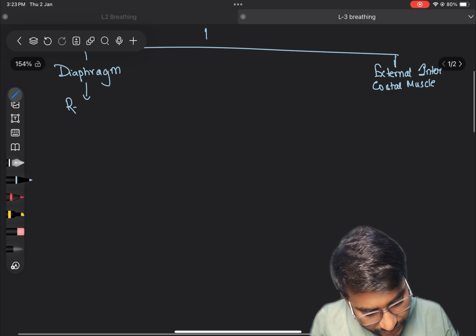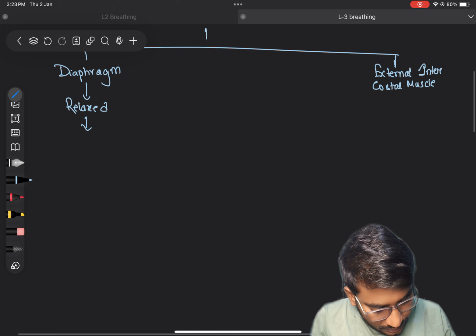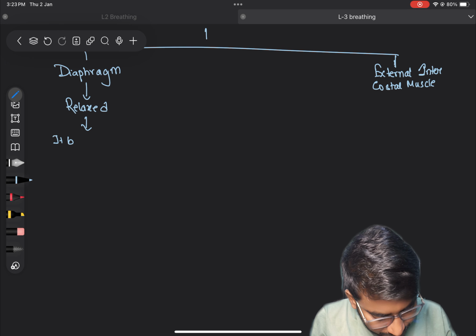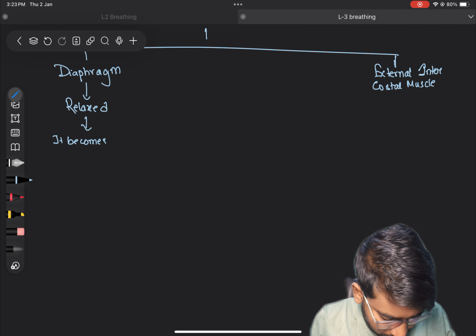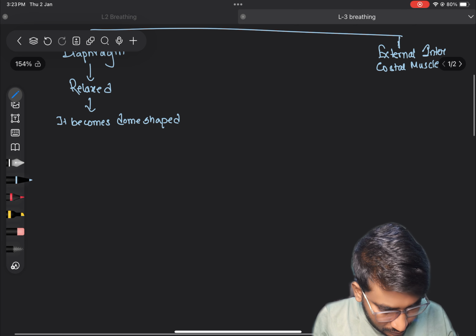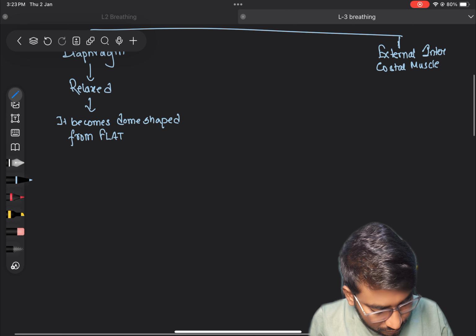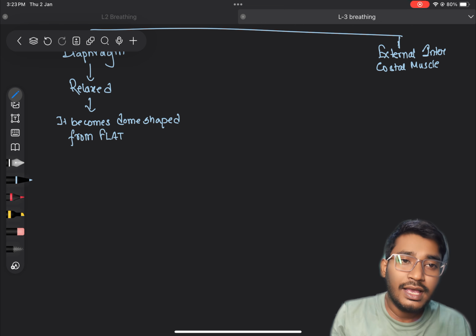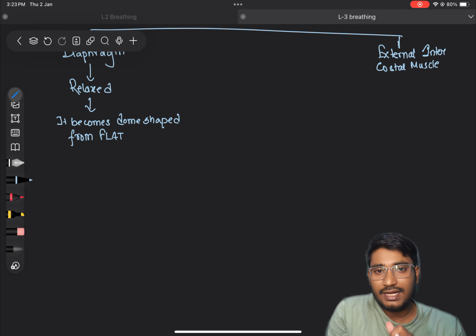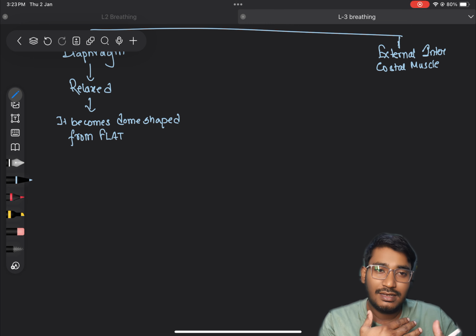Now the diaphragm is relaxed, and it becomes dome shaped from flat. As it becomes dome shaped from flat, the area gets reduced.